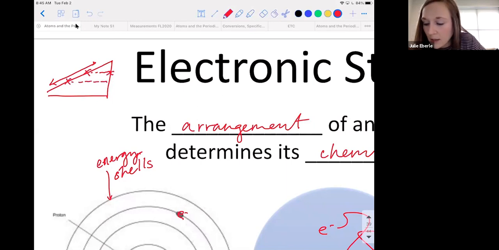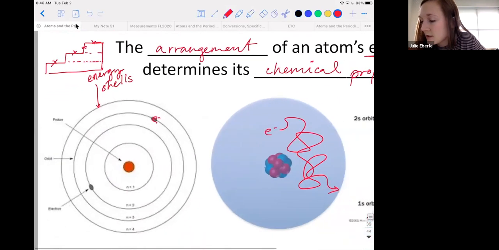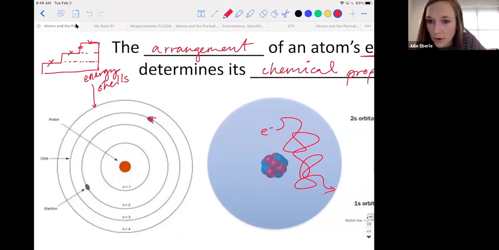On a ramp you could be at any point, but a set of stairs is not that way. On a set of stairs, you can be here, at this height, you can be here, at this height, or you can be on the top. But you can't be anywhere in between. That's how electrons are. They can be at certain distances from the nucleus, but they can't just be anywhere.